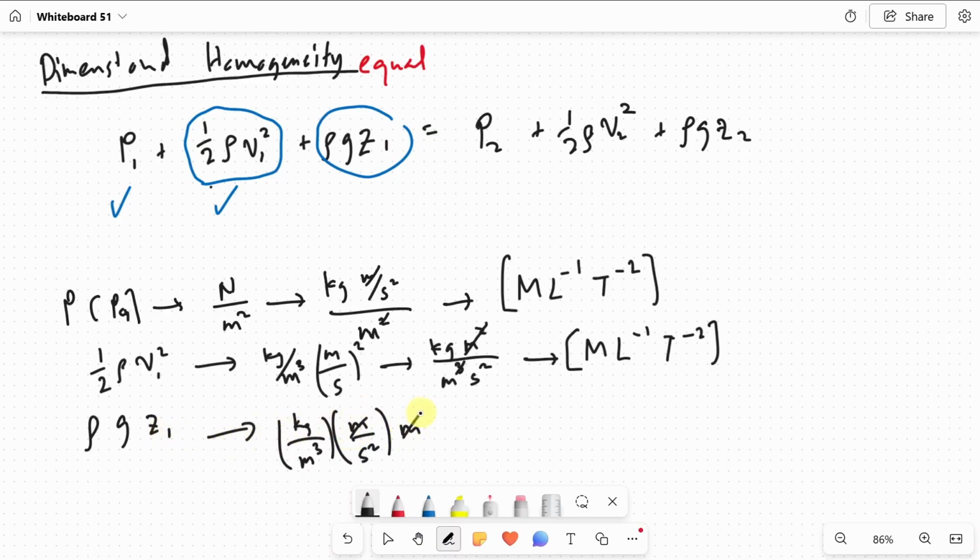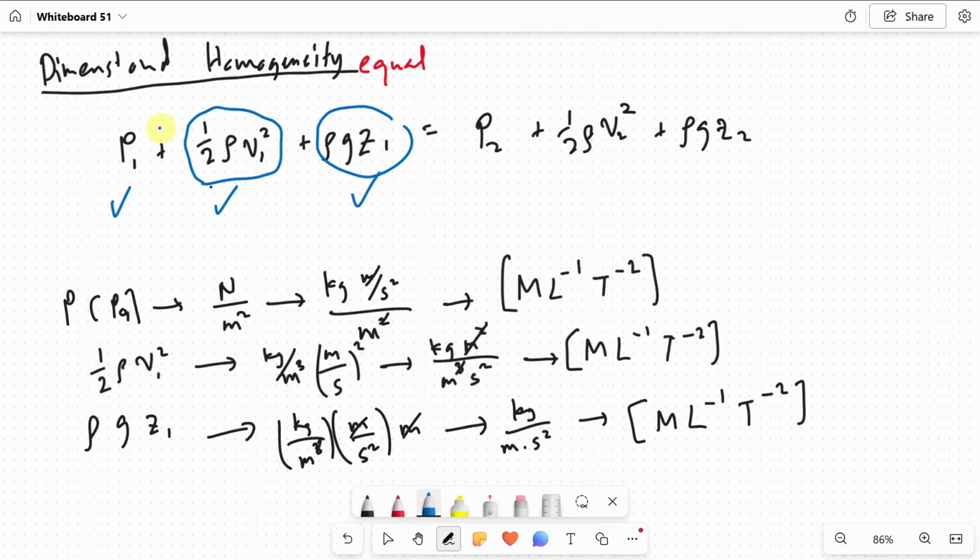So we cancel this. So we get kilogram per meter second squared. So this is mass times length power negative 1 and time power negative 2. All right. So the third term is also the same as the second term and the first term.